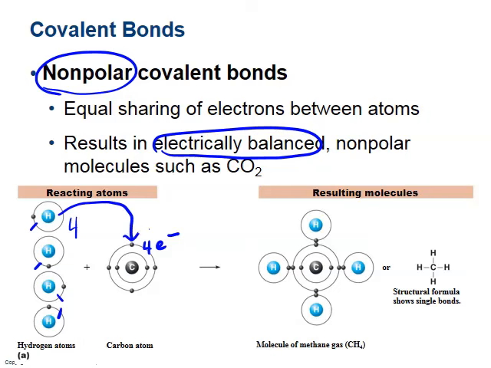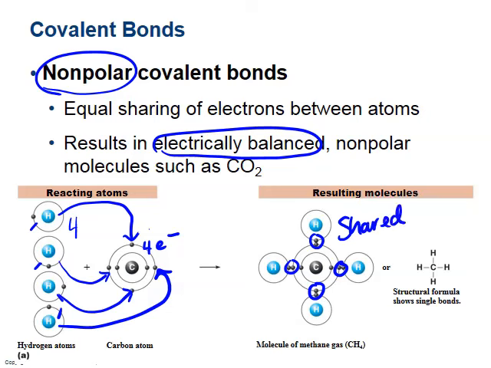This hydrogen will come over here and share, this one will share here, here, and here. So you get this perfectly symmetrical resulting molecule where there's 2 electrons and 2 and 2 and 2. So you have a paired electrical bond, but it's also nonpolar because it's electrically balanced.